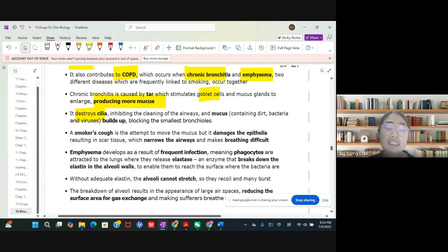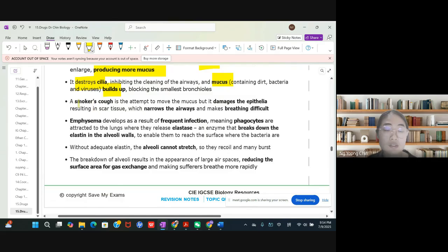Cilia beat forwards and backwards because they want to remove the mucus. Now that the cilia are destroyed, the mucus being produced cannot be moved along. So you inhibit the cleaning of the airway, and mucus just accumulates and builds up within your respiratory airways. Slowly, the mucus will block the lumen of the bronchiole.